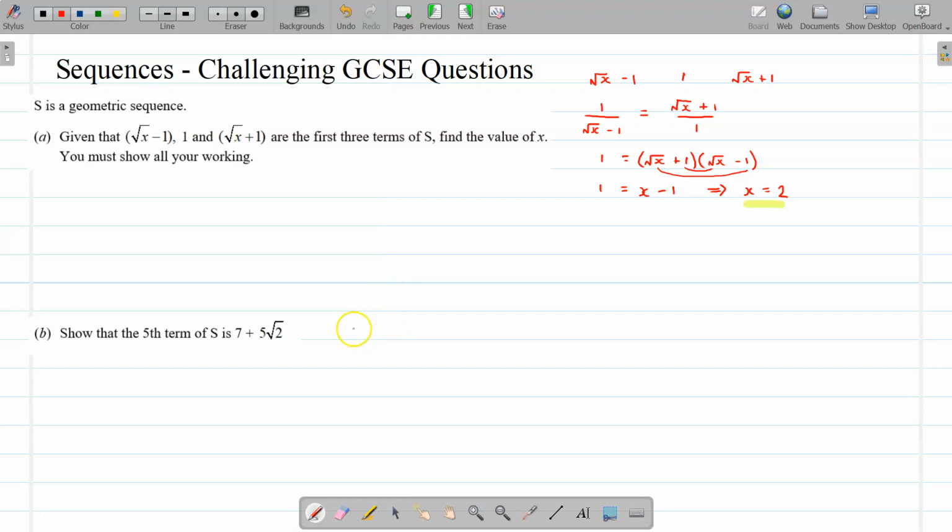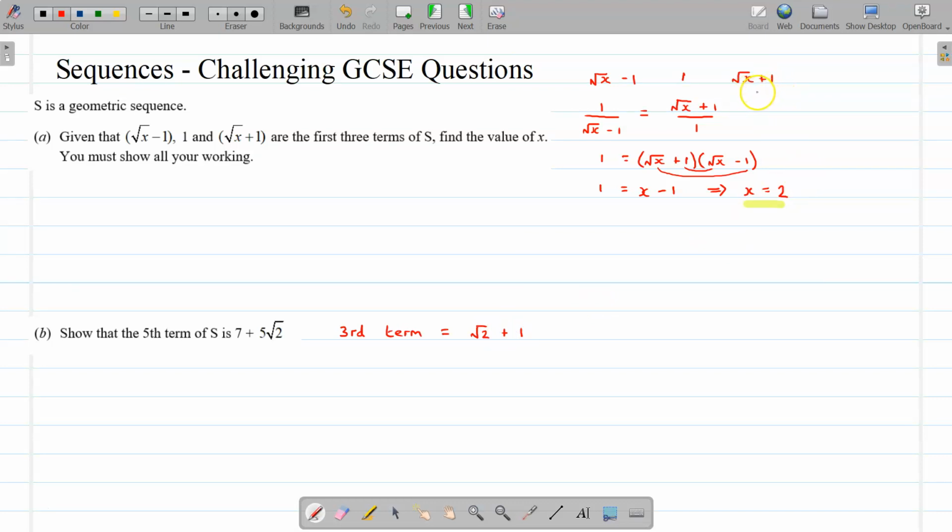I would say that the third term is root x plus 1, which is root 2 plus 1, because you've just found what x is. That was the third term.